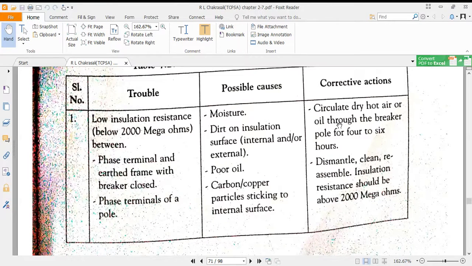And for corrective actions, what we need to do is circulate hot air through the breaker for 4 to 6 hours, so that the moisture, dirt, and any particles sticking to the internal surface are all washed away.